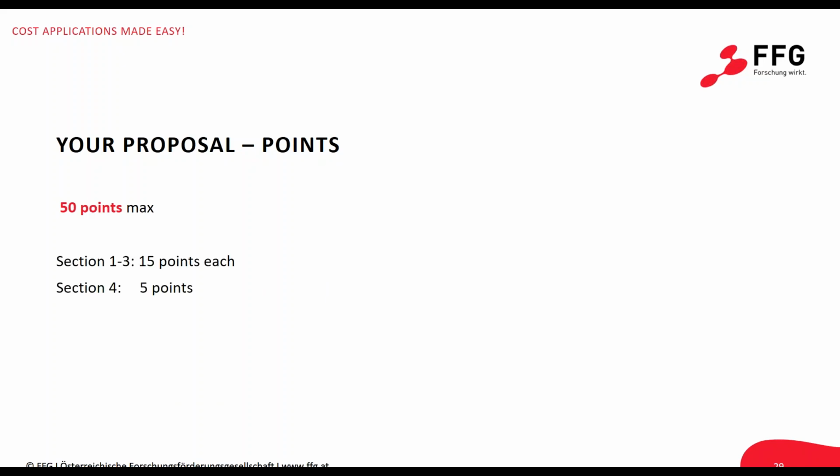For your overall proposal, you can get a maximum of 50 points. Sections 1 and 3 get 15 points each, and section 4 gets 5 points. The threshold is 34 points. That means consortia with less than 34 points will never have a chance for funding.